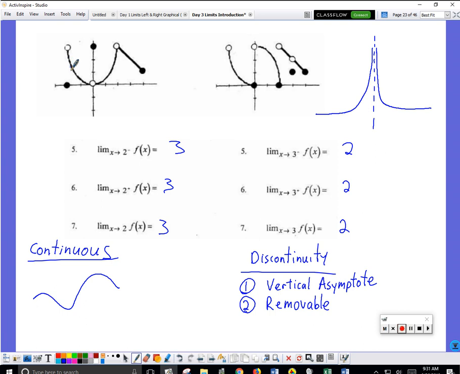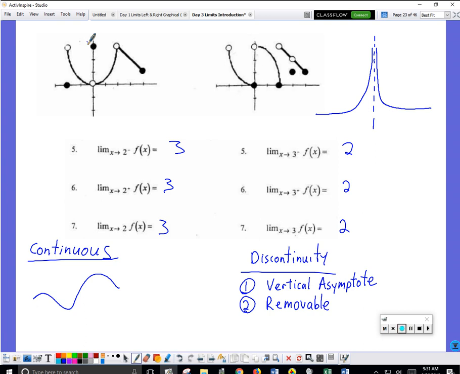Everything looks great, the function is continuous. But right here, a dot has been removed. It's gone. And then it's up here, and then I just go back to drawing the function again. So this idea of where there's just a missing dot, but the rest of the function looks pretty normal, that's a removable discontinuity. The fact that the dot is up here doesn't really matter. That's just part of the removable discontinuity.